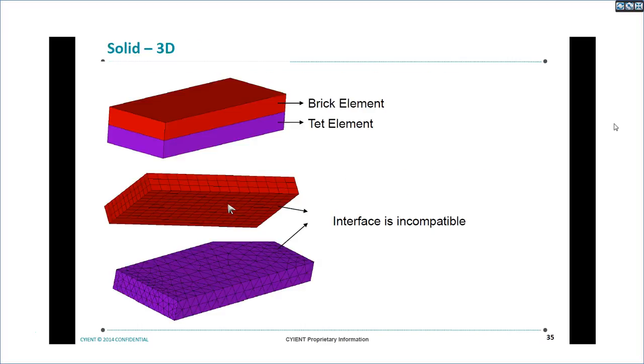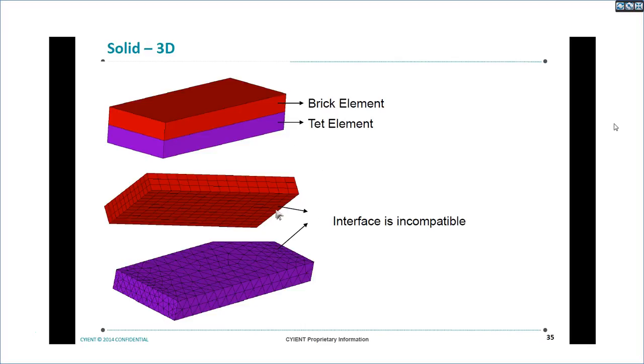Let us discuss more on this example here. So I have a model here, two components, two geometries. Both are joined together. Okay, they both are connected. So I can mesh only brick elements here, and I can mesh only tet elements here.